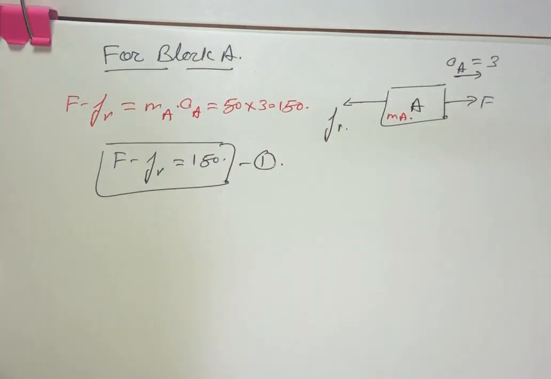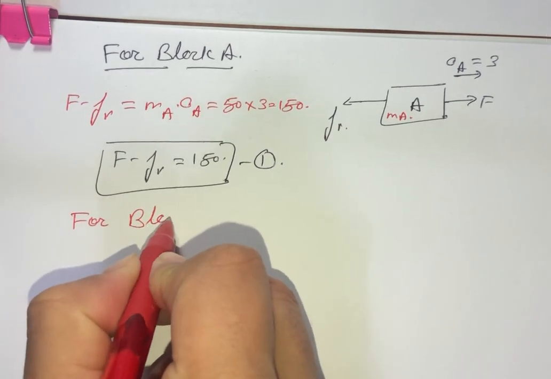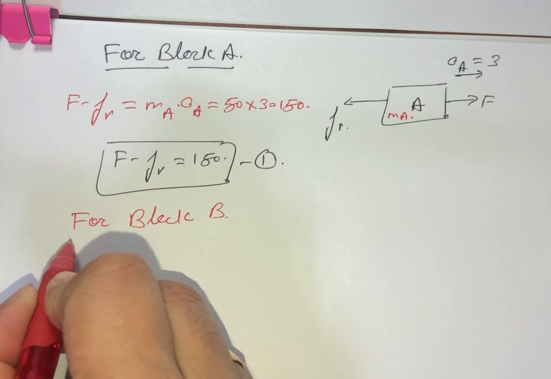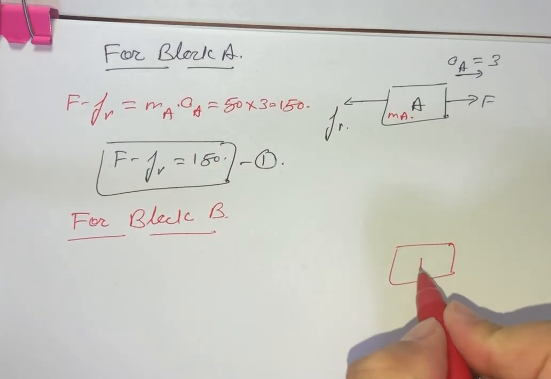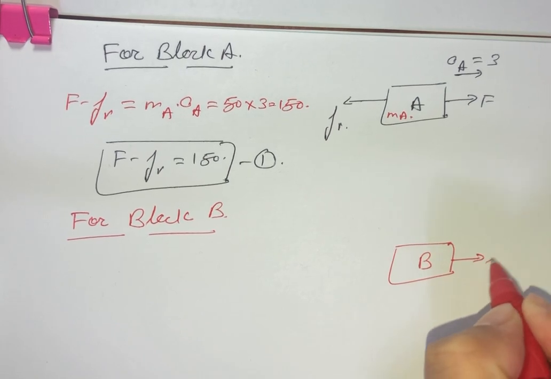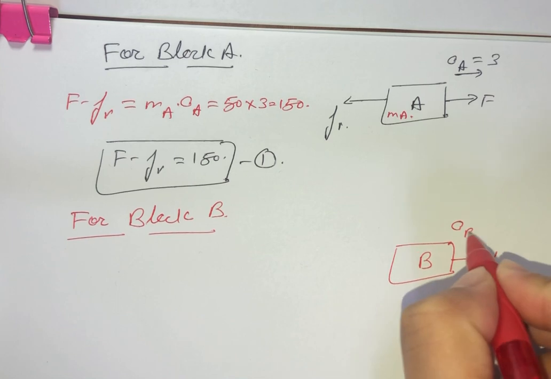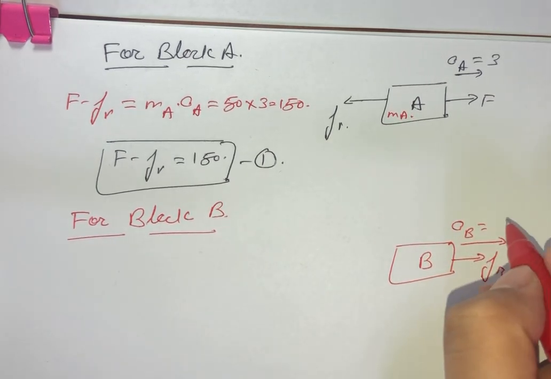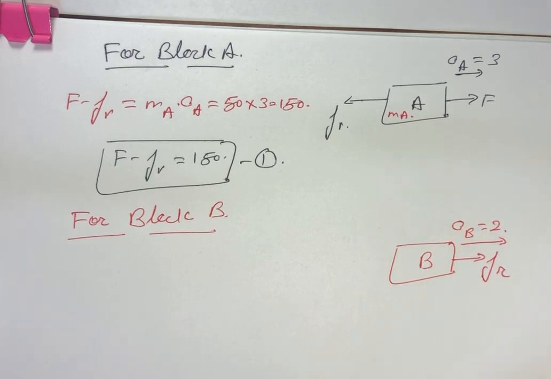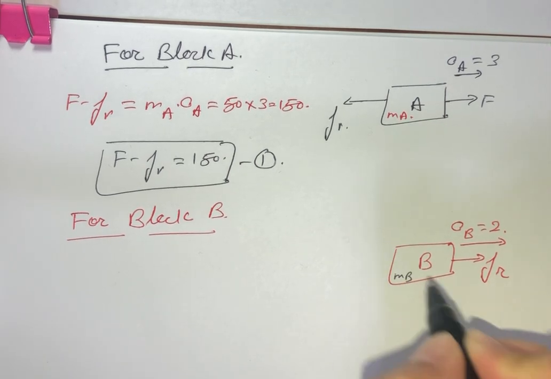Now for block B, it is moving only because of the force of friction, Fr. Its acceleration is given as AB towards the right side, and AB is 2. Let us call this mass as MB.